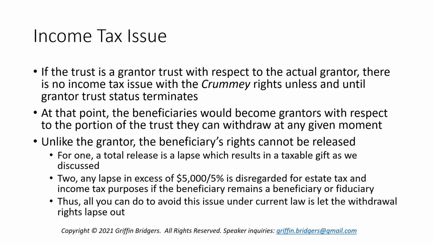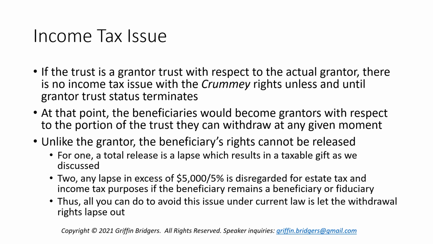But the problem is the 5x5 lapse may not apply for income tax purposes. So Alan's income tax ownership may extend to the full $15,000 per year and not just the unlapsed $10,000 portion. The other problem is that the beneficiary's rights here can never truly be released in full as long as they're a beneficiary or a trustee of the trust.